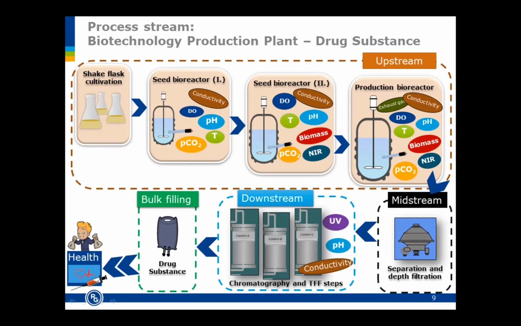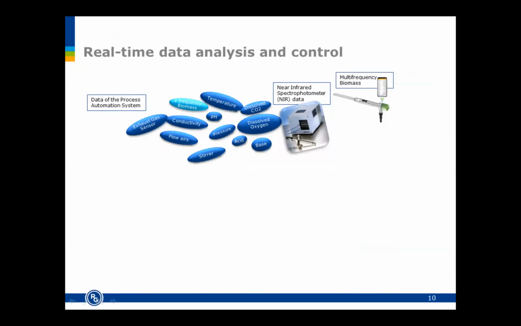We have plenty of inline sensors in the upstream process. PAT can be used first of all during these steps, but we have plans to apply it also in the downstream process. We can say that we have plenty of sensors, resulting in a huge amount of data.